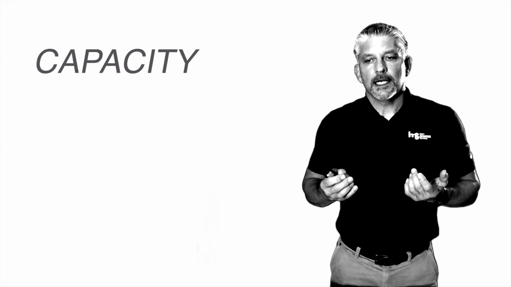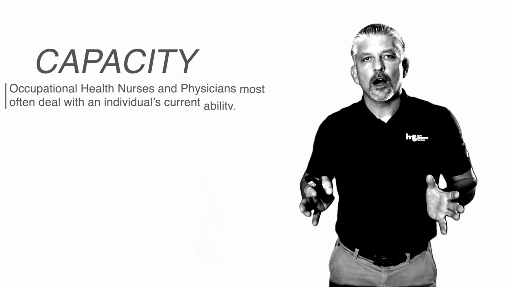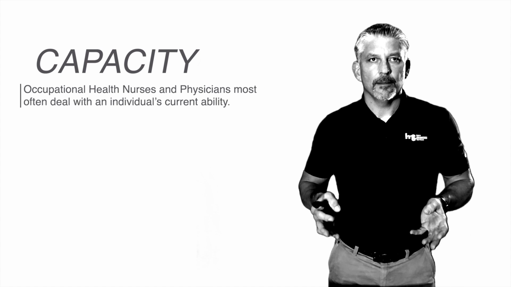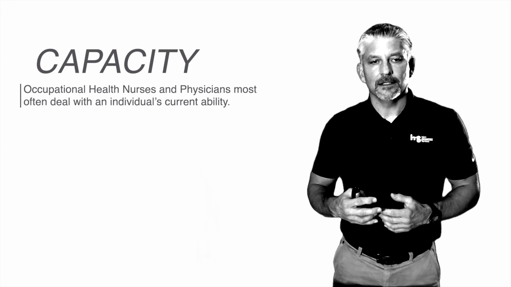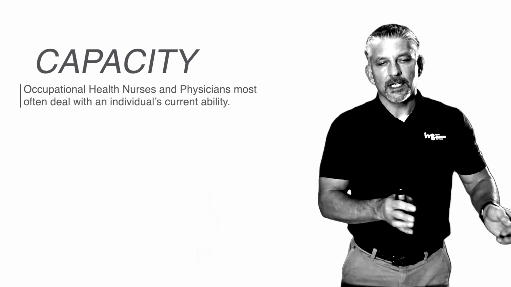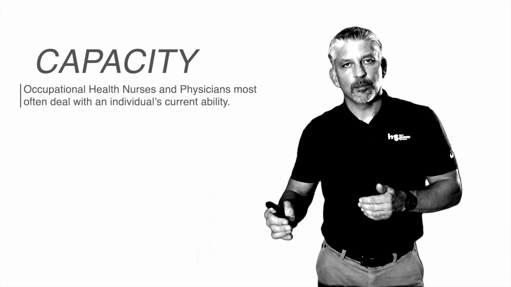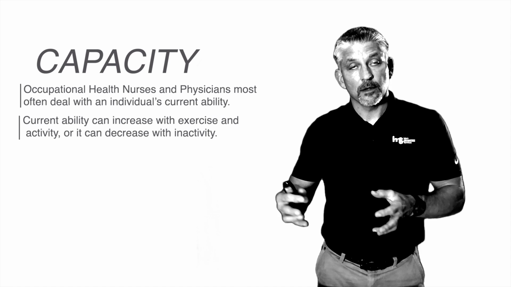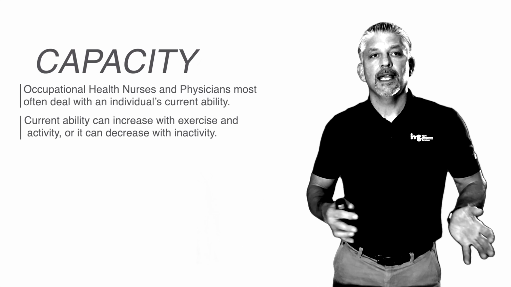What occupational health nurses, physicians, vocational rehab, what they're all interested in is a person's current ability. What can they do at the time? Capacity is fluid in that you can get deconditioned from being off work. Your condition can be improved through returning to work or through programs like work conditioning. So capacity or current ability can increase.